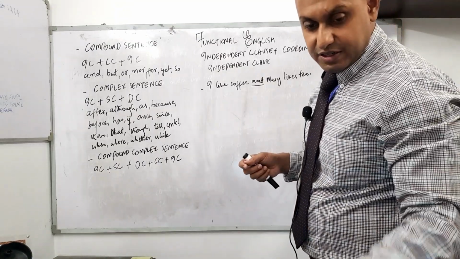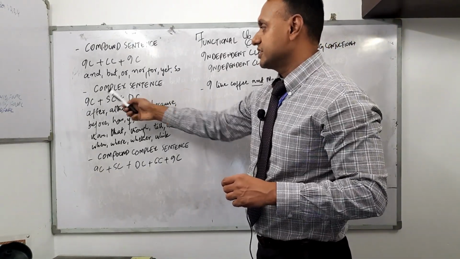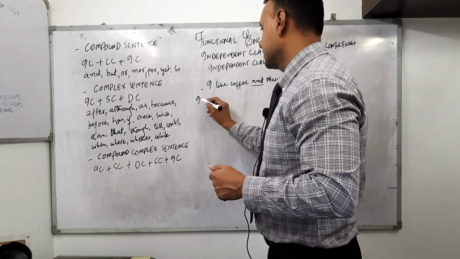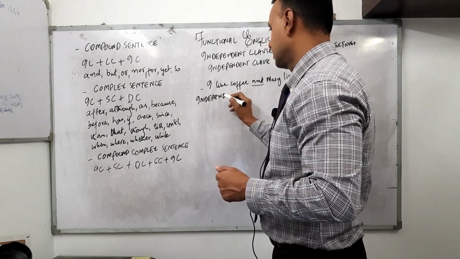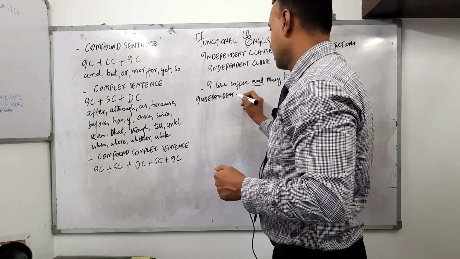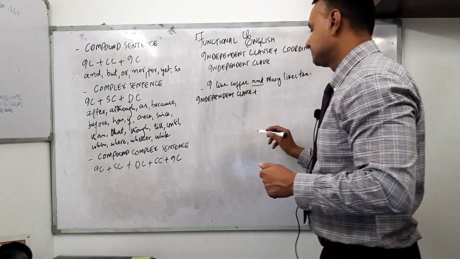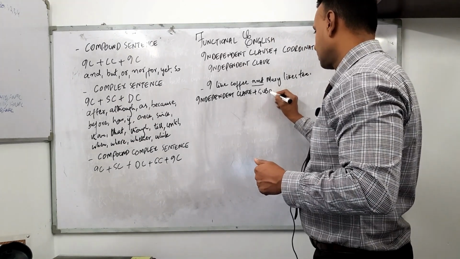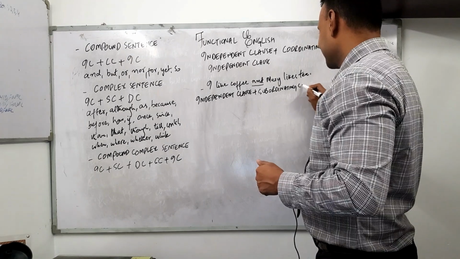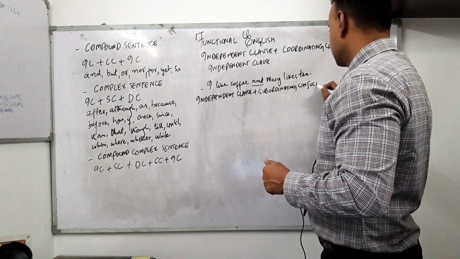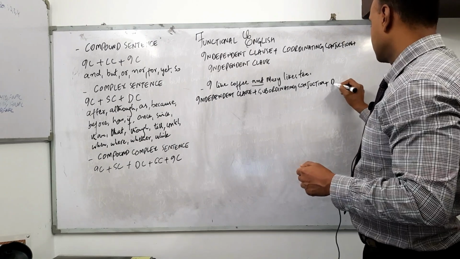Now we want to look at the complex sentence. In a complex sentence, we have a subordinating conjunction. So the formula is independent clause plus subordinating conjunction plus dependent clause.